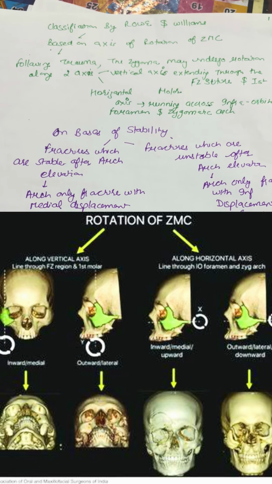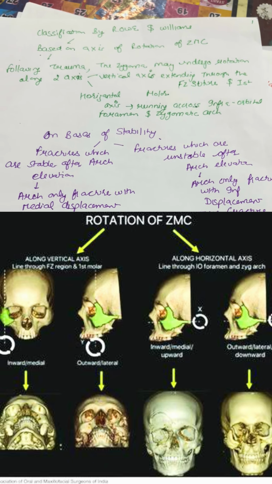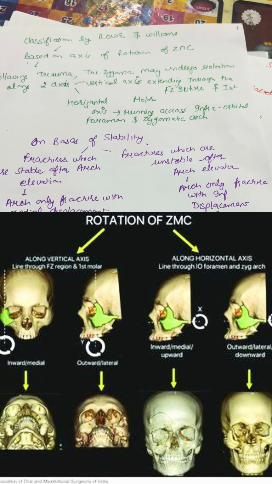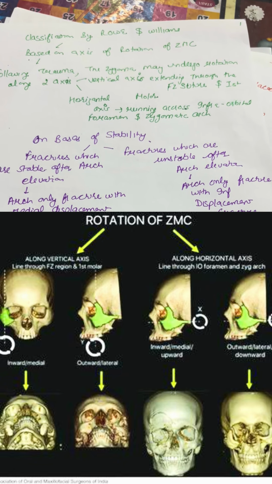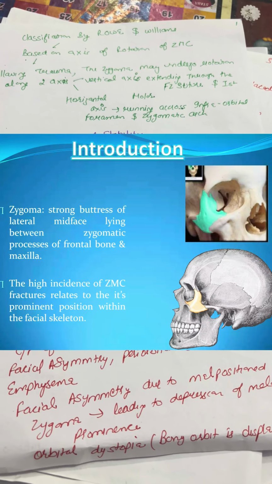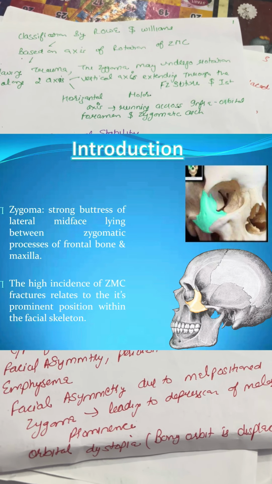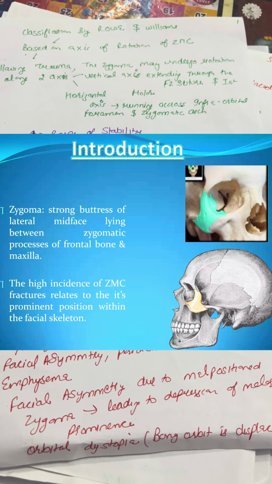On the basis of rotation of the ZMC along the vertical axis, the line goes through the frontozygomatic region and first molar. Along the horizontal axis, the line passes through the infraorbital foramen and zygomatic arch.